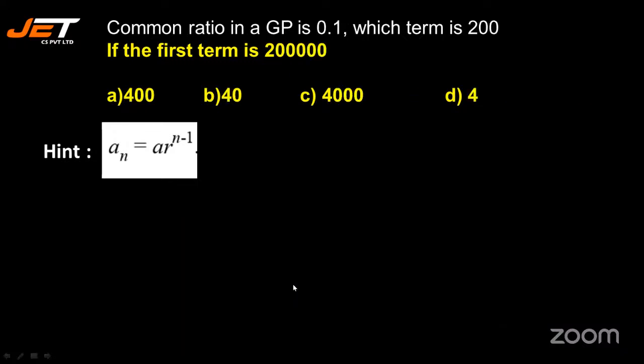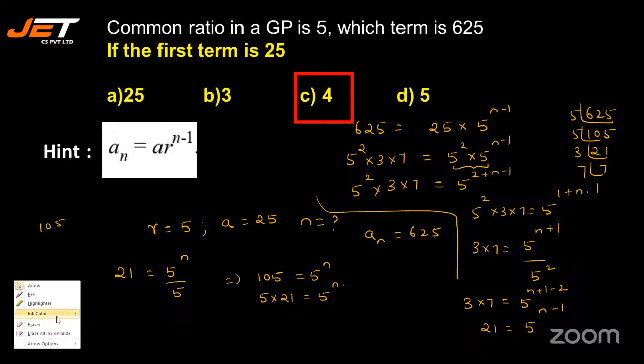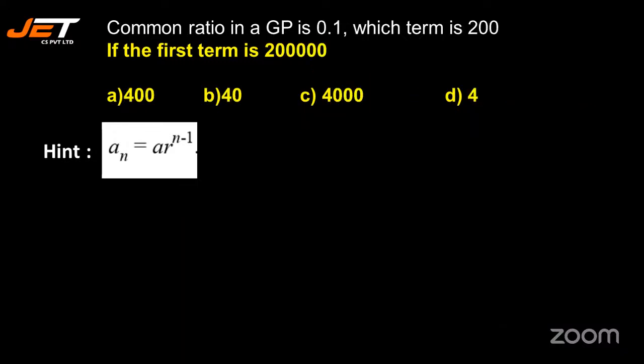Yes. Right. So what happens when you solve for n, you get n is equal to 4, right? Right. By using this formula, AR to the power n minus 1, right? All right. So let's move on to the next step.